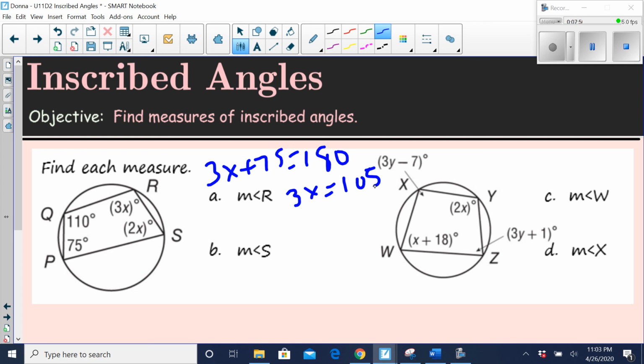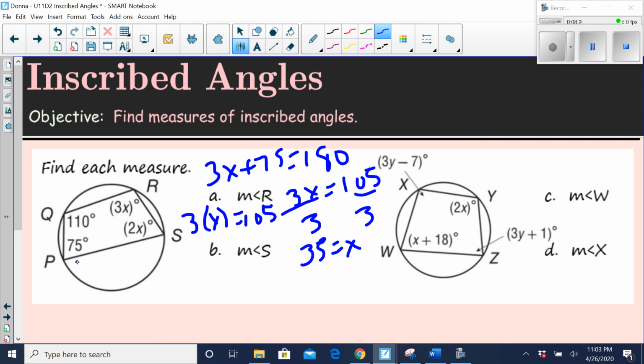And then if I take 105 and divide by 3, I end up with 35 degrees. Now, one thing to be careful of is that's my x value, but is x actually the measure of angle R? No. Angle R is 3 times x, so that's really going to be 105. Okay. Now on this one, I guess technically I could have just said 180 minus 75, and that would have given me angle R.